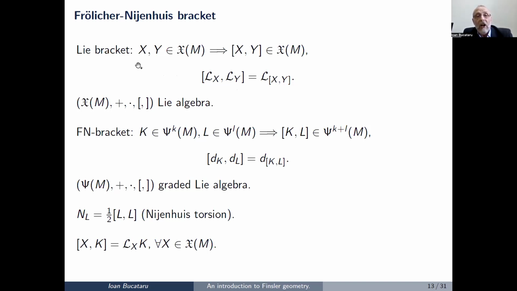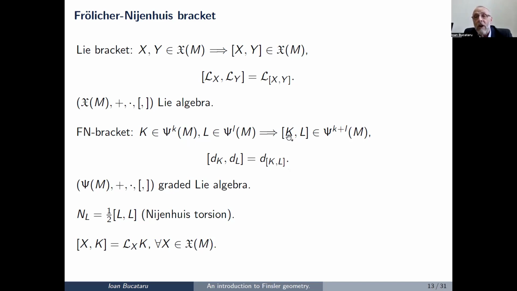So what we do now, similarly as we did for vector fields, is take two vector valued forms, one of degree k, one of degree l, and consider this commutator here. d_K is a derivation of degree k, d_L is a derivation of degree l. Their commutator is a Lie derivation of degree k plus l. According to the fundamental theorem, it corresponds to a k plus l form.